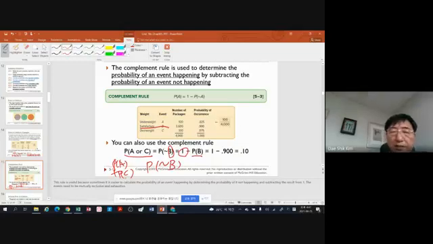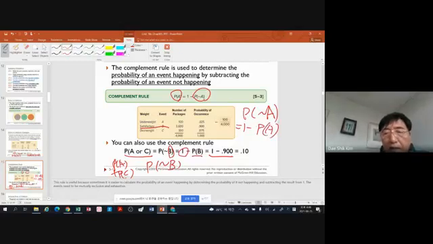So this is the probability that an event does not occur. The probability that not A occurs means 1 minus P(A), and P(A) is 1 minus the probability of not A. So you can use this complement rule also.